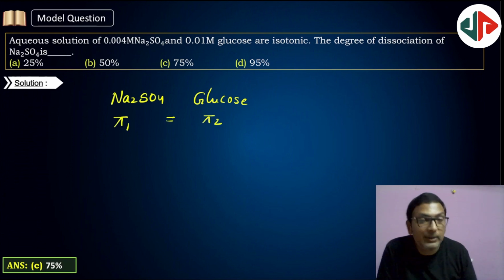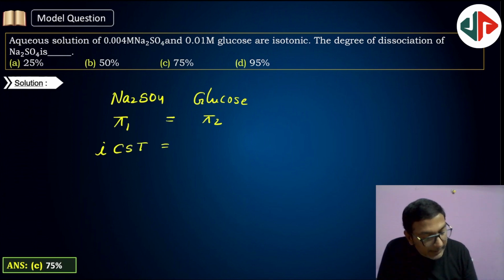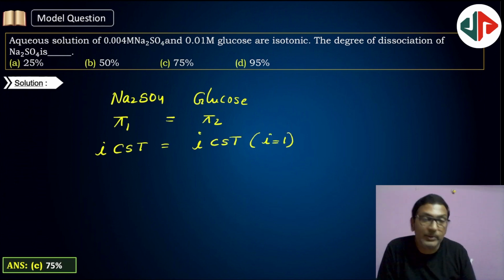So pi 1 equal to pi 2. Here i into CST, and here also i into CST. Here i value equal to 1 for glucose.